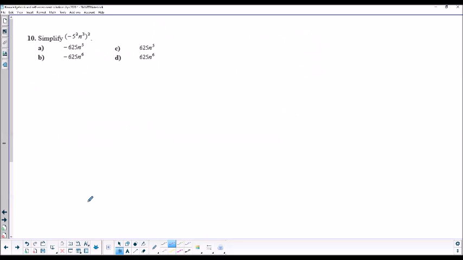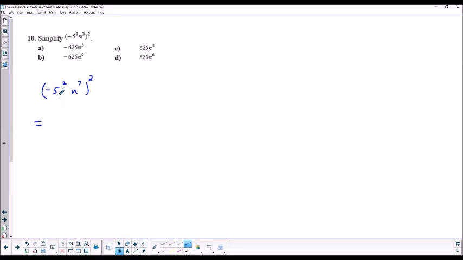And then moving along to question 10, we want to simplify this: -5 squared n cubed, all squared. Sorry, that's squared, not n. That's squared here. Now, here's the little tricky part.